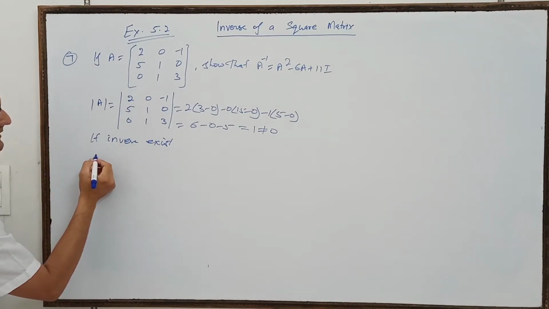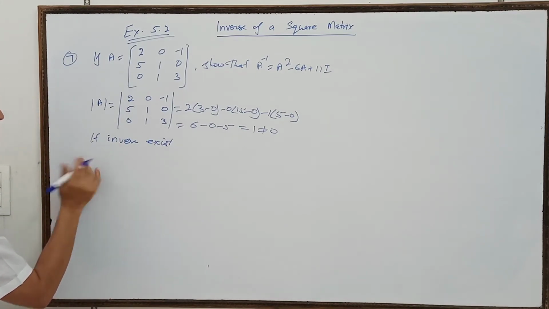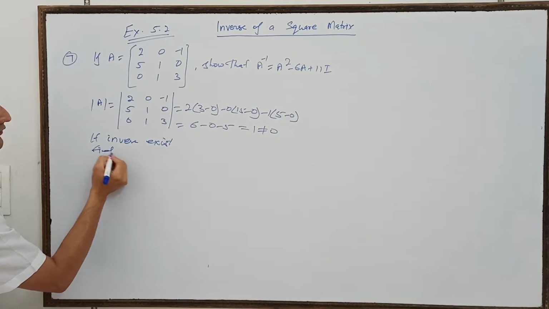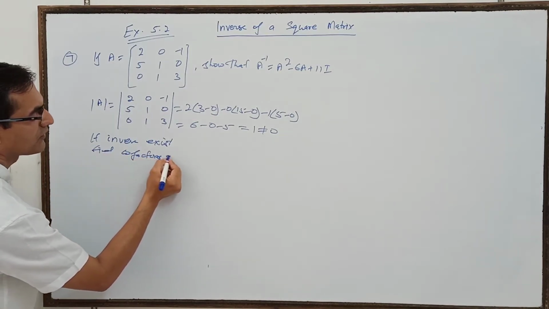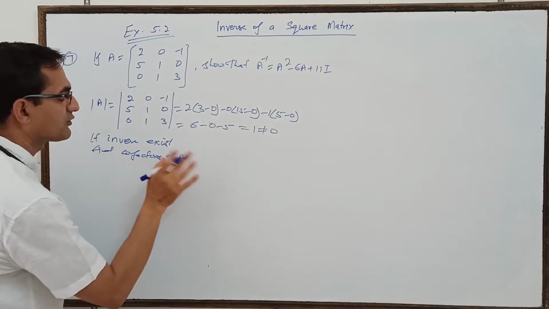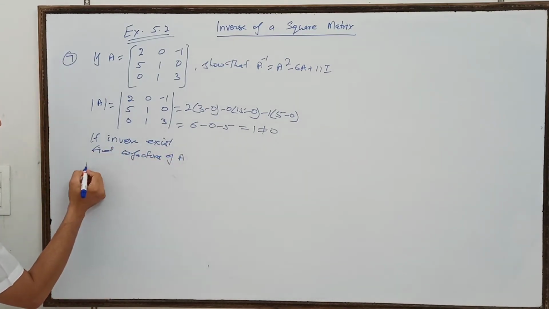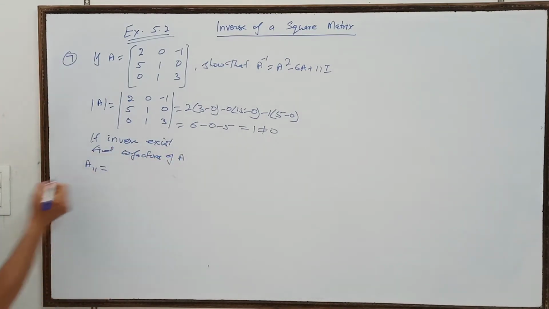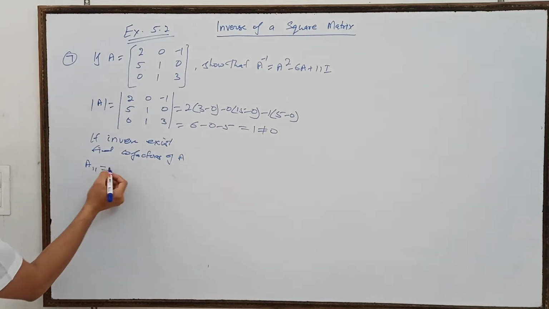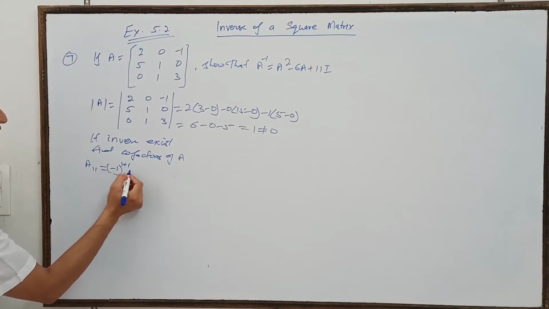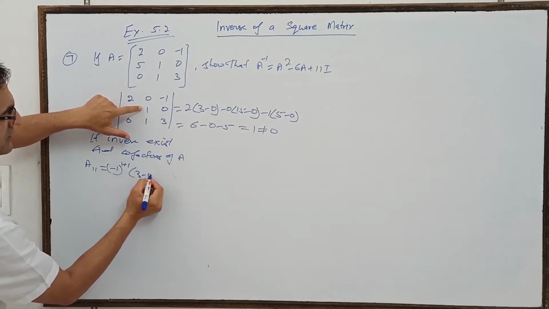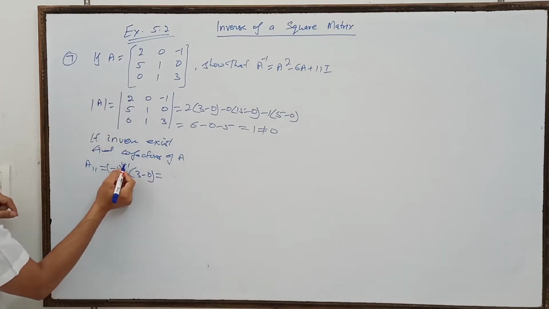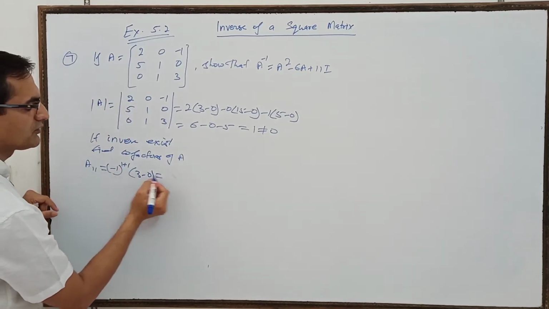Now find A11. Find the cofactors of A. Hence A11 is minus 1 to the power 1 plus 1 into 3 minus 0. This is minus 1 to the power 2, 1 into 3, 3.